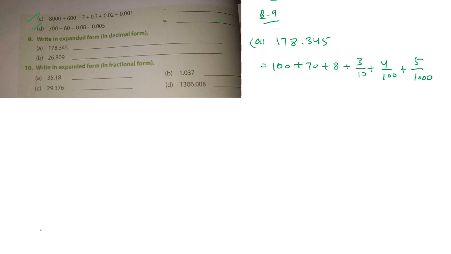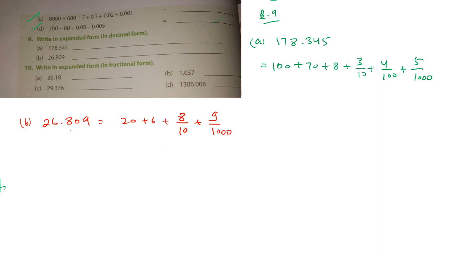Now in part B you will write 26.809 is given, so you will write 20 plus 6 plus 8 upon 10, then 0 should not be written, plus 9 upon 1000.